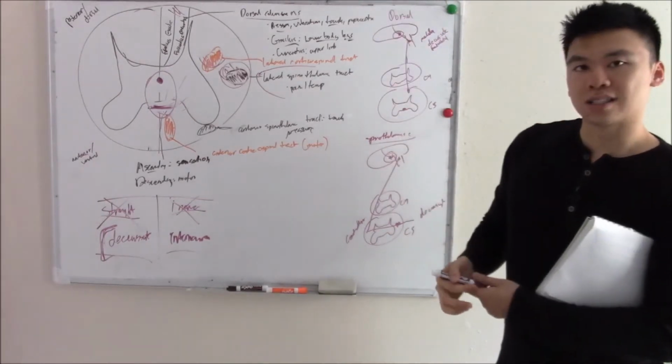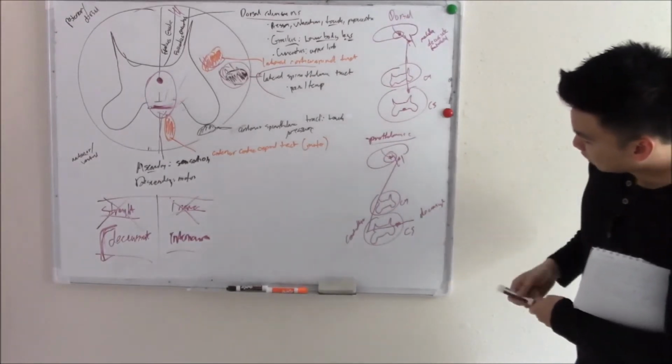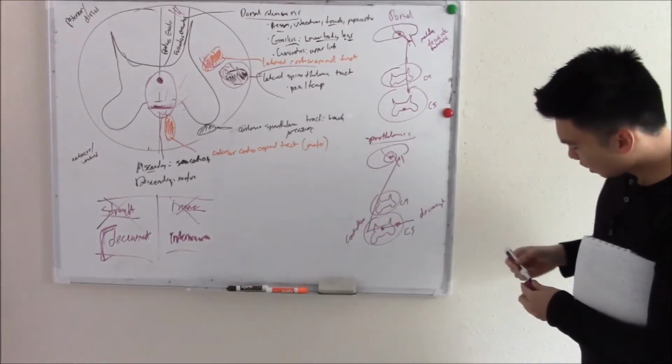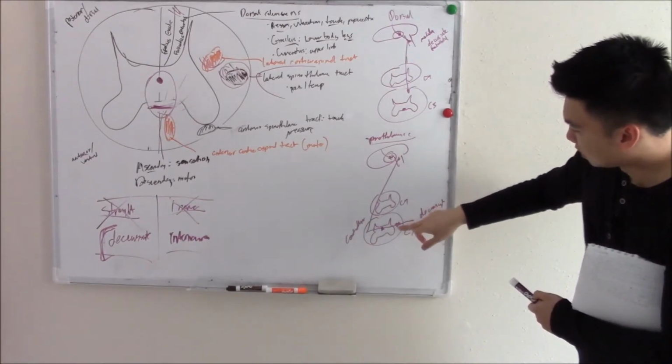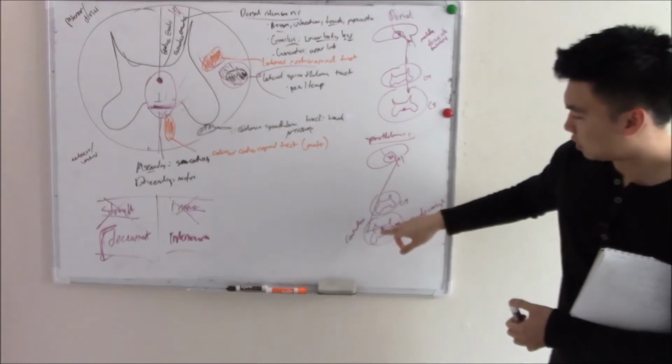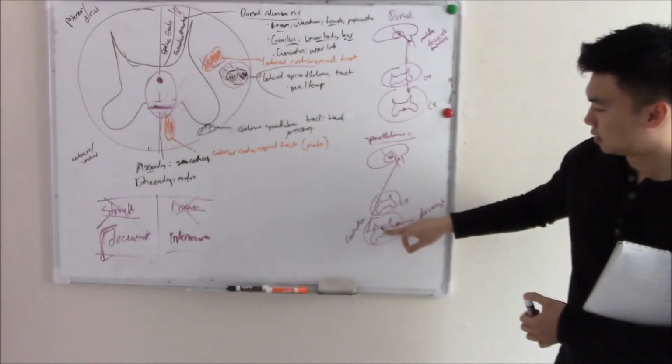Does it affect your spinothalamic tract, your lateral spinothalamic tract? Let's see. If it blows out the middle, then your lateral spinothalamic tract will come in, immediately cross over, and get caught in that cyst. Yeah?